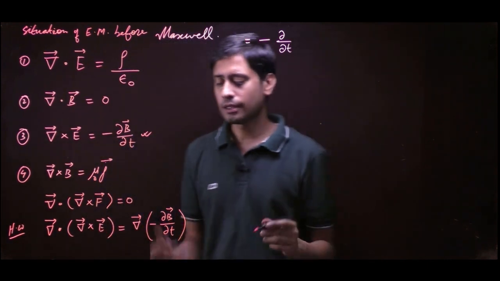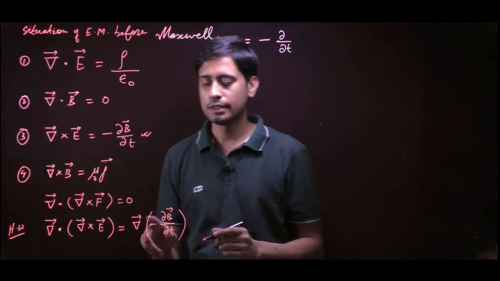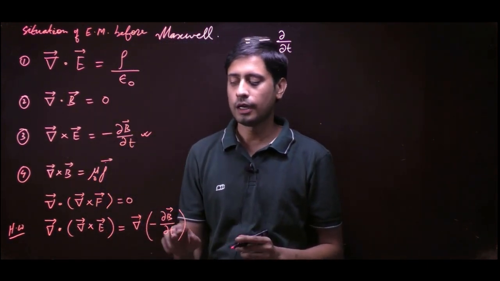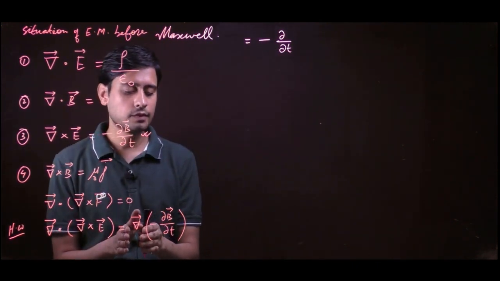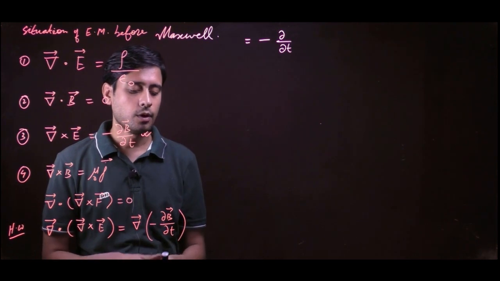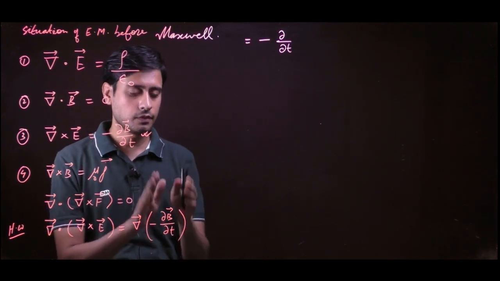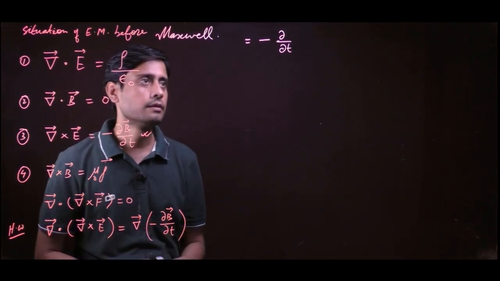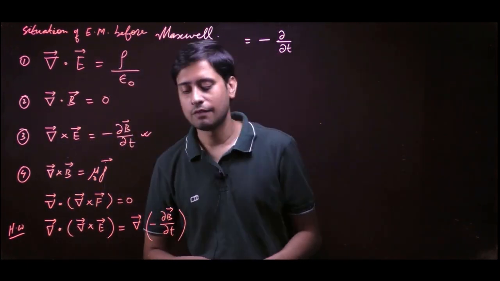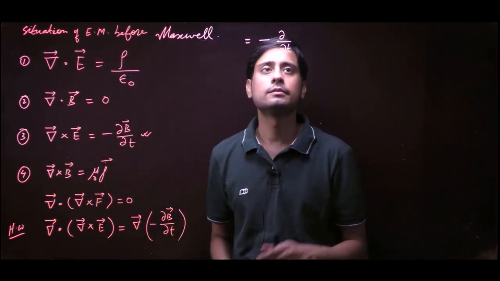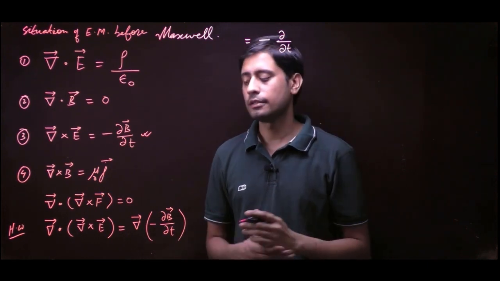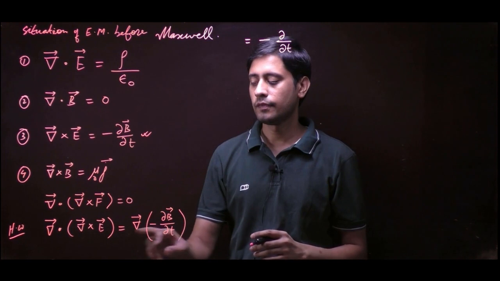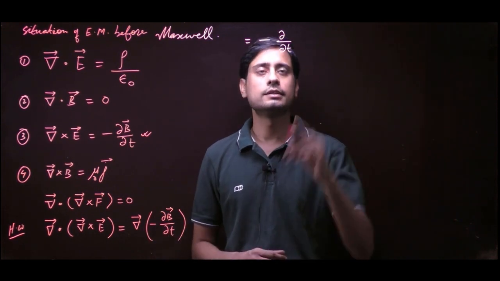These differentials are commutative in nature. Either you take the divergence first and then differentiate with time, or you differentiate with time and then take the divergence. In any case you should get the same result, because these differentials are commutative.